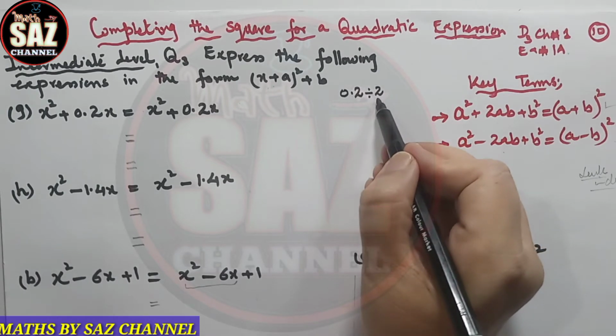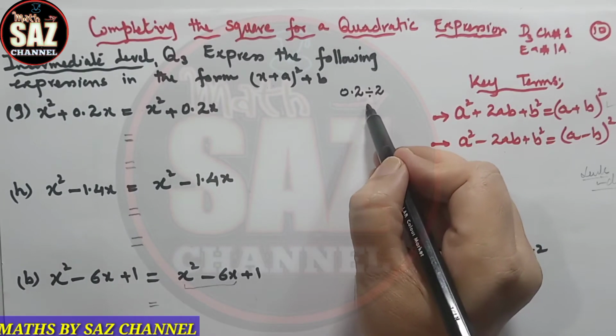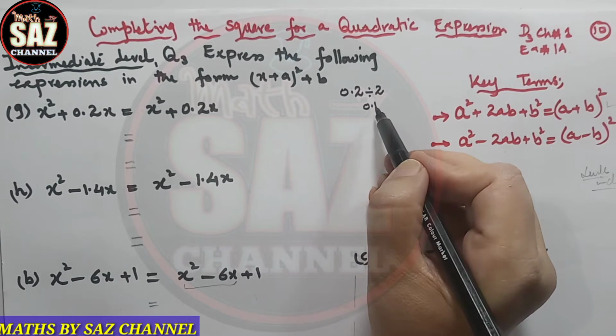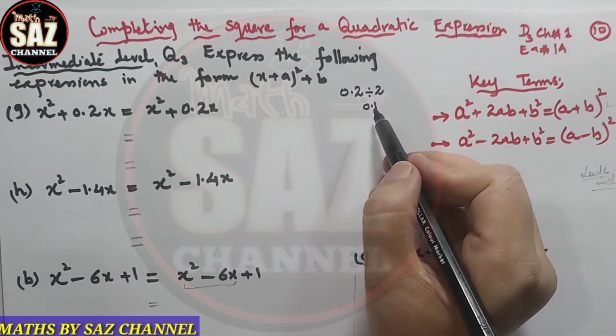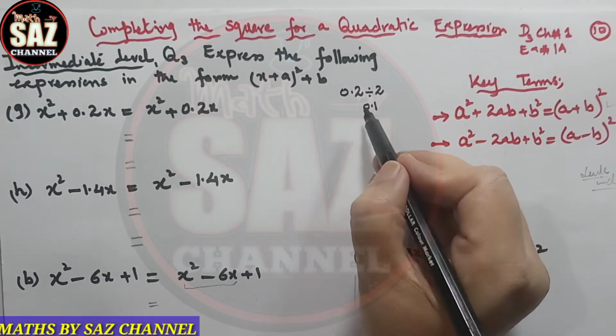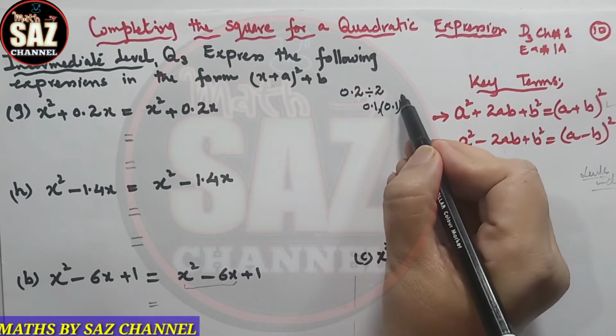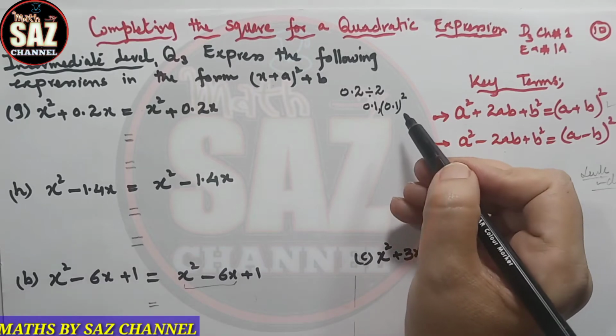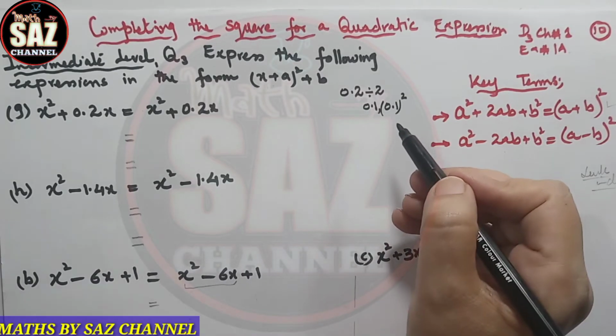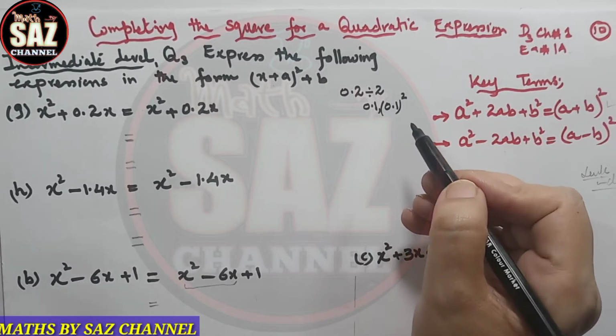When I am dividing 0.2 by 2, my answer is 0.1. Whatever answer of that half I'm getting, I have to take the square of that, and I have to add and subtract that square from the given expression to express that expression in form of the complete square.